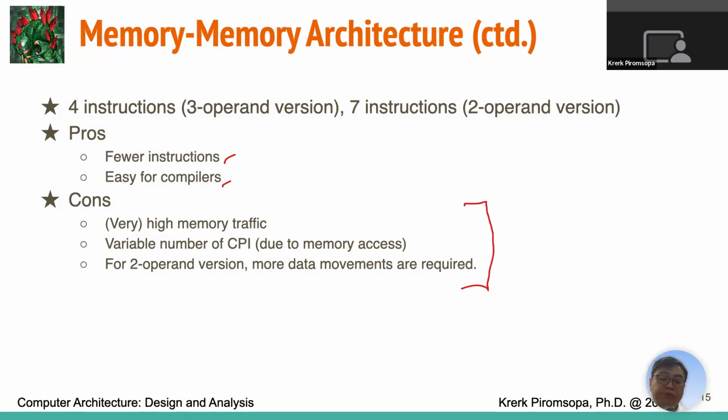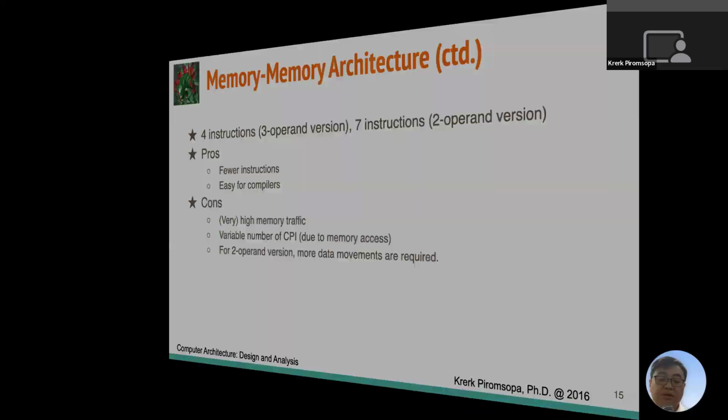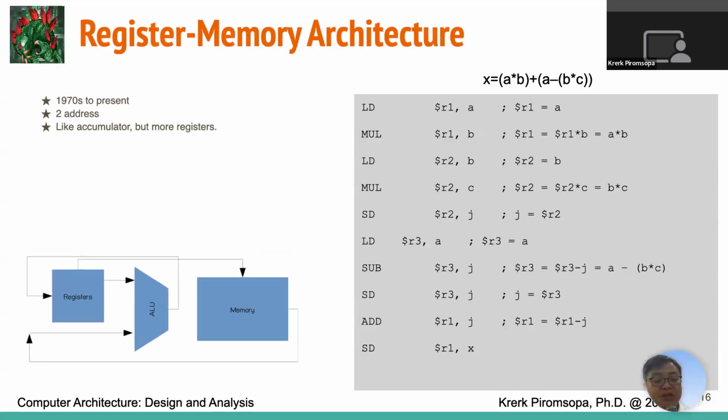Okay, so modern architectures, they try to change it. One idea is, what if we have some registers rather than just one register in the CPU? Okay, let's have more registers in the CPU. Again, this is now fast, this is slow.